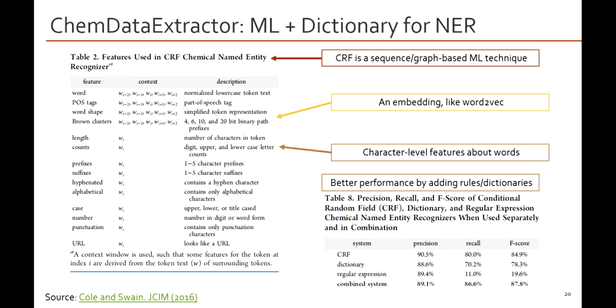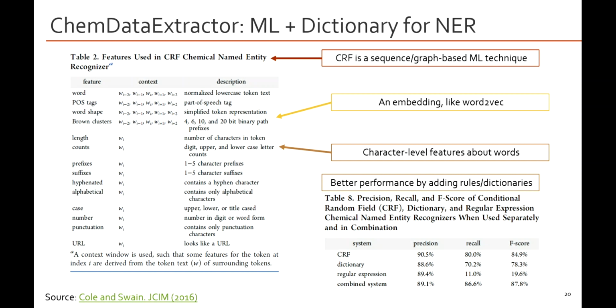They used a technique called conditional random fields, or CRF, which is a class of machine learning model that is designed to work with sequence or graph-based data, where I take, say, an entire sequence of words and use them together to make predictions about which words are a certain entity or not.